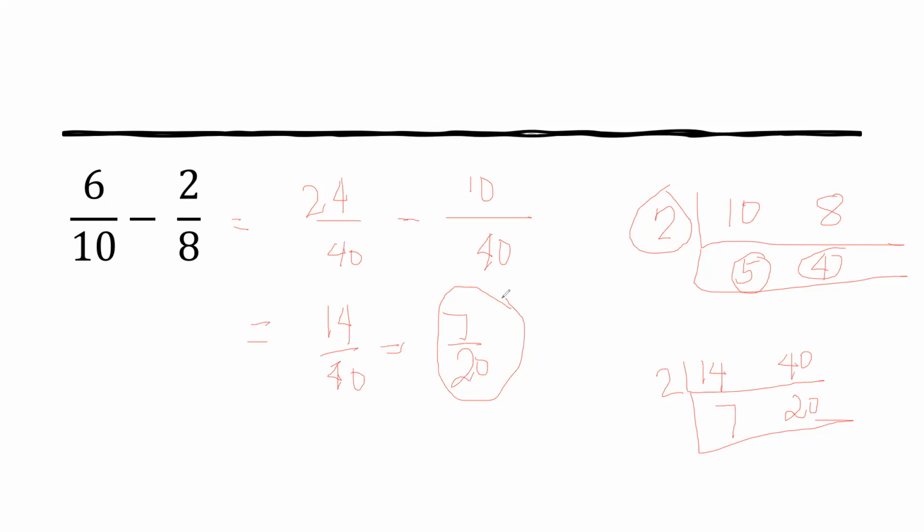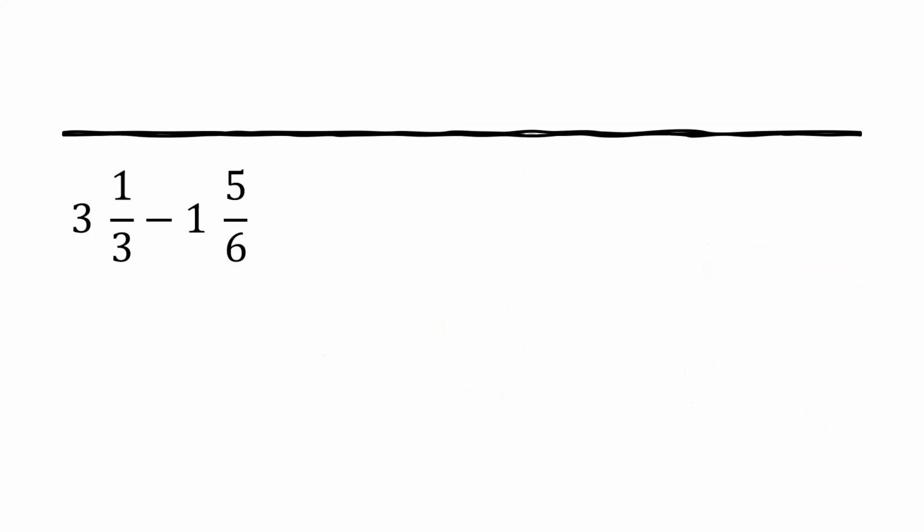Okay? Last one. Paano po pag may mga whole number ulit? So 3 and 1/3 minus 5 over 6. So focus muna tayo sa fraction. That's 3 and 6.